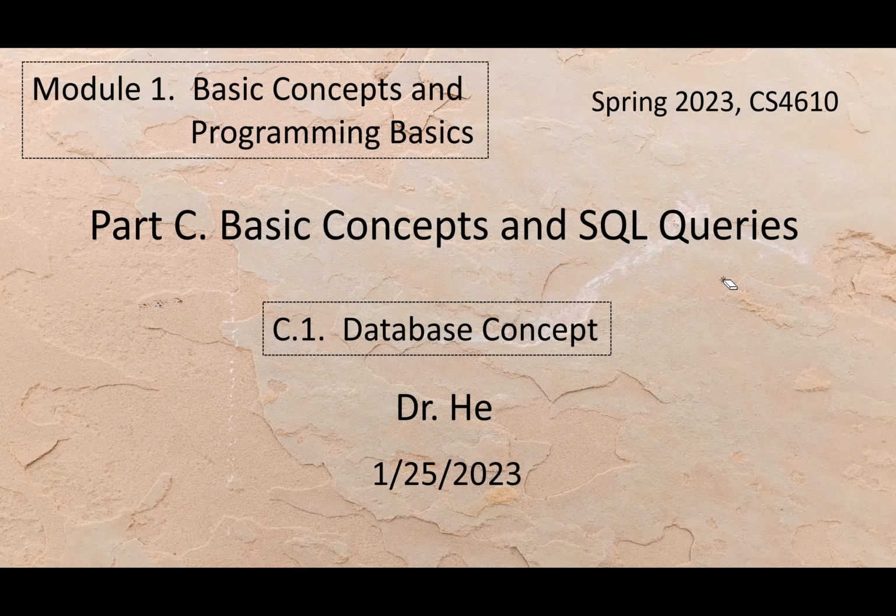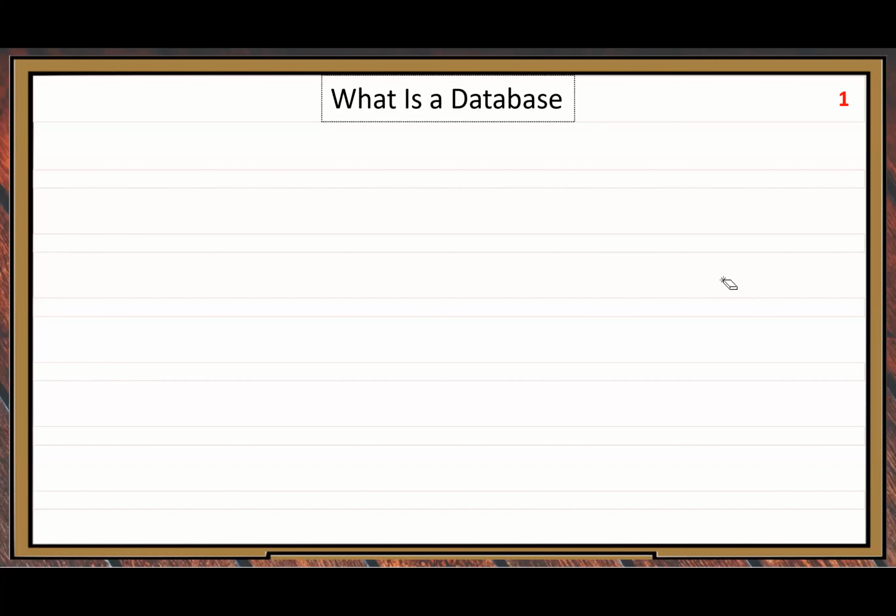C.1 database concept. In this part, I'd like to explain some basic database related concepts. What is a database? First, here is a simple description for the database. It's a collection of related data.